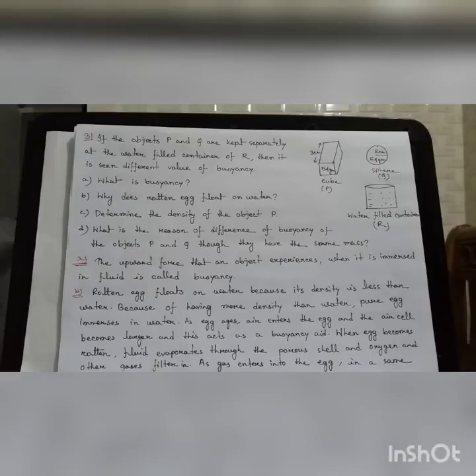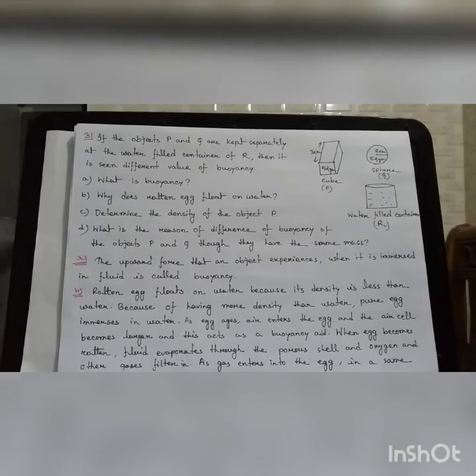Number B, why does a rotten egg float on water? Actually, an eggshell is a solid part, but it is actually a shell with different pores. So a rotten egg floats on water because its density is less than water. Whenever an object floats on water, that means the density of that object is less than the density of water.